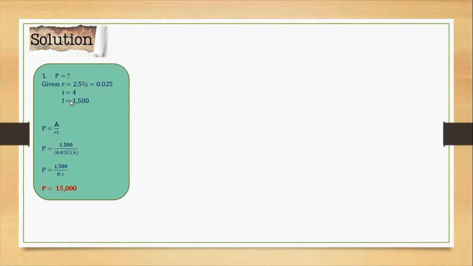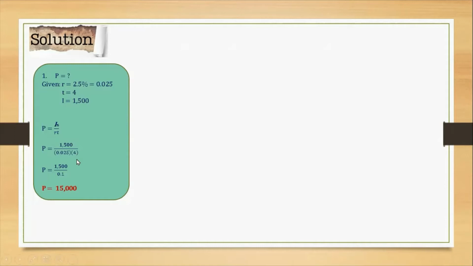After that, substitute our value of time, which is 4. And now we are ready to solve and operate. That's 1,500 all over 0.1, because 0.025 multiplied by 4 is equal to 0.1.